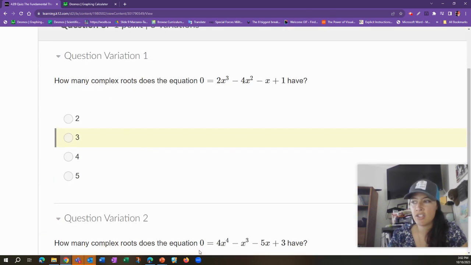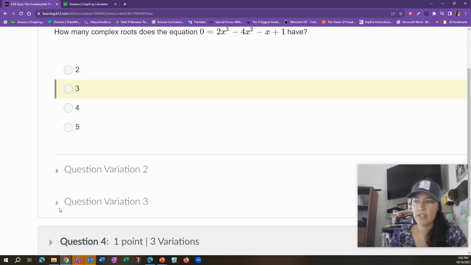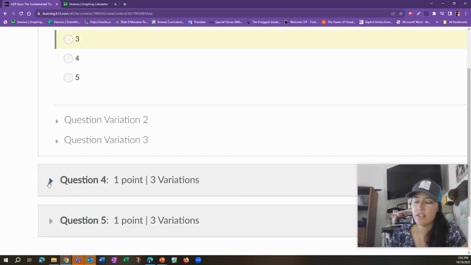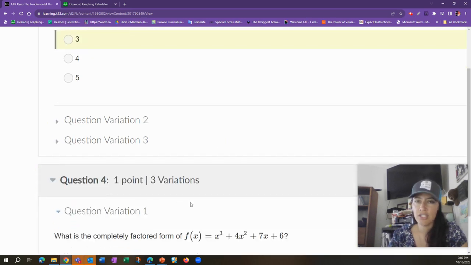Okay? So no matter which variation you have, check it. Look for that pattern. Look at the highest degree of your polynomial and try it. Ooh, what is the completely factored form of x cubed plus 4x squared plus 7x plus 6?